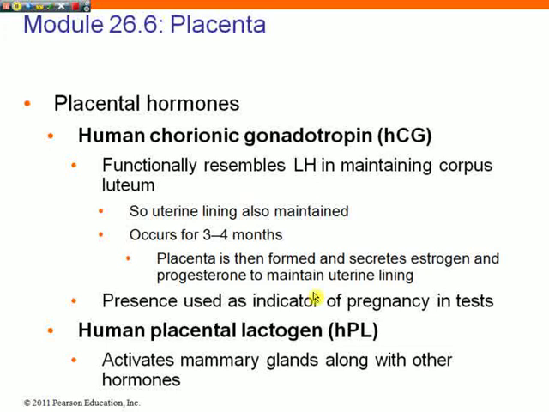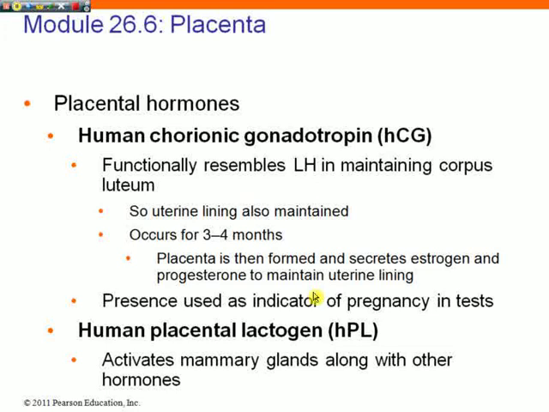The placenta produces certain hormones, one of which is the human chorionic gonadotropin, or HCG. Functionally resembles LH in maintaining the corpus luteum, so the uterine lining is also maintained. And this occurs for 3 to 4 months. The placenta is then formed and secretes estrogen and progesterone to maintain the uterine lining.